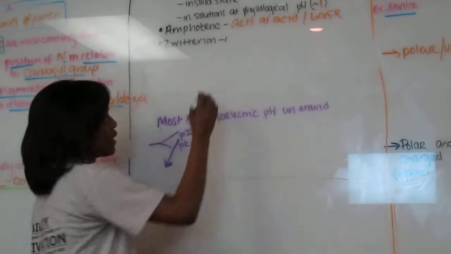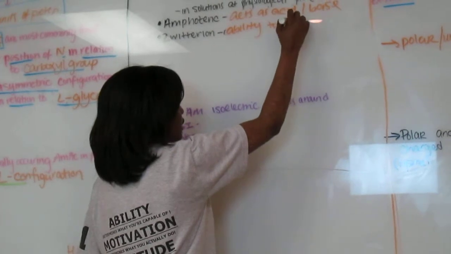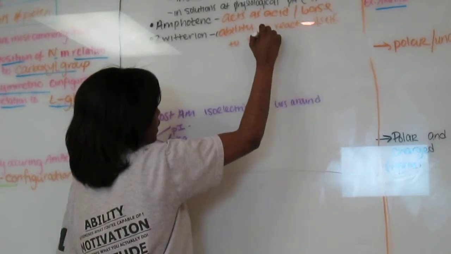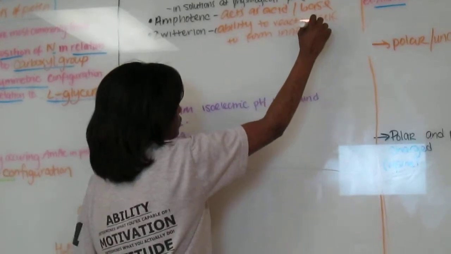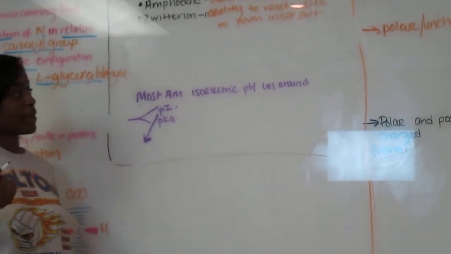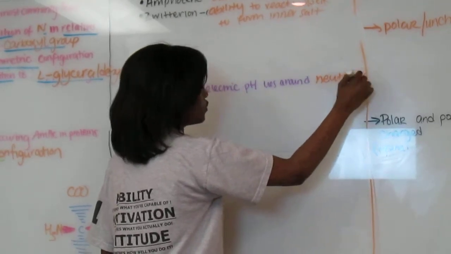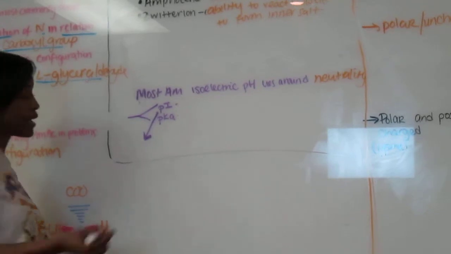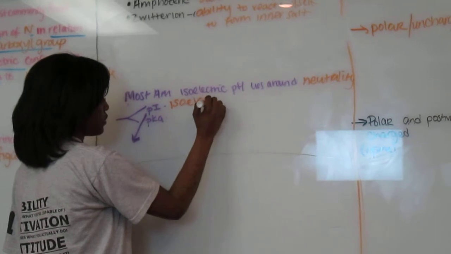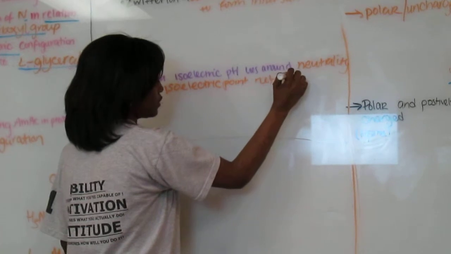Zwitterion means that it has the ability to react with self to form inner salt. Most amino acids are isoelectric, with pH around neutrality. Pi means isoelectric point, which means that the net charge is equal to 0.